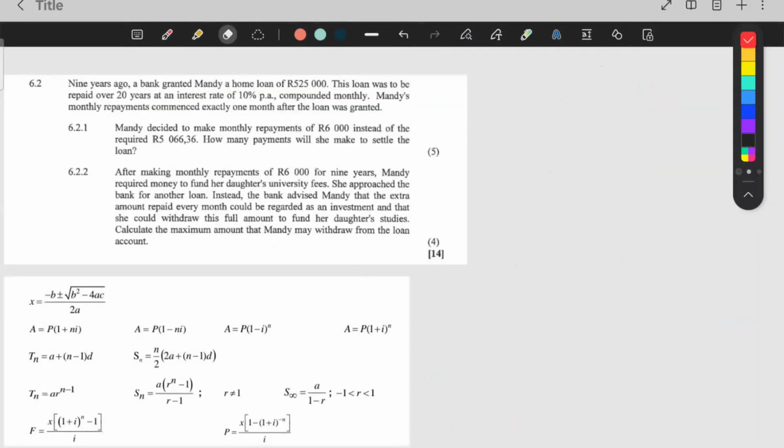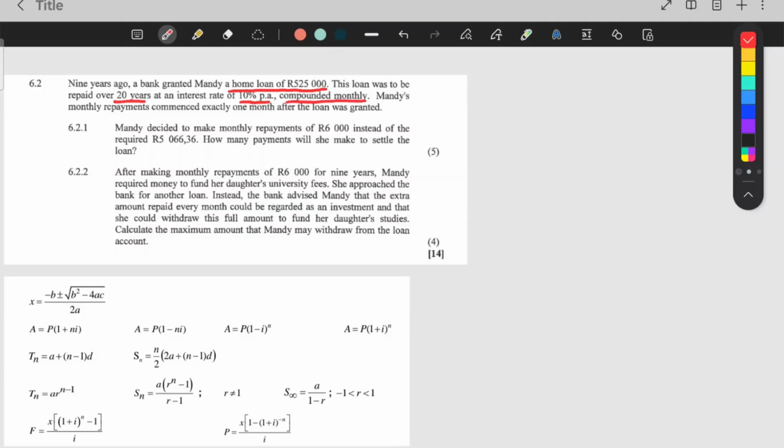Our next question says 6.2. 6.2 says 9 years ago, a bank granted Mandy a home loan. This is a loan of 525,000. This loan was to be repaid over 20 years at 10% per annum compounded monthly.